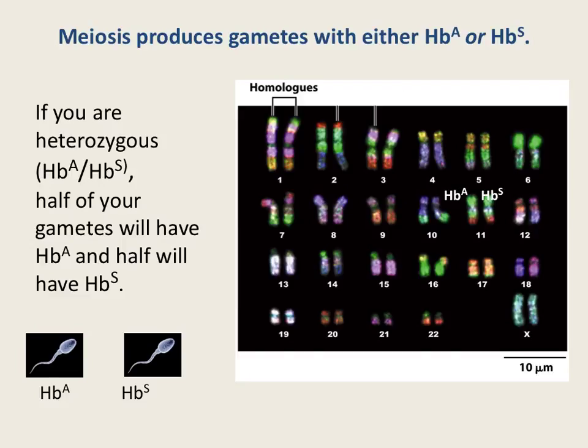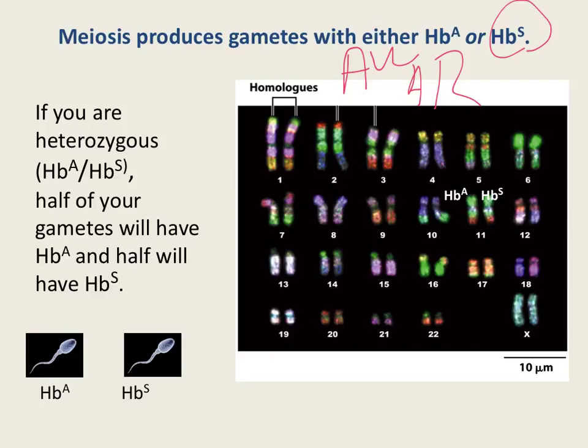So, meiosis produces gametes with either HBA or HBS, if we're back to sickle cell. If it's not sickle cell, if it's just recessive, then they produce gametes that are either normal, or not normal, wild type we'll say, and recessive.